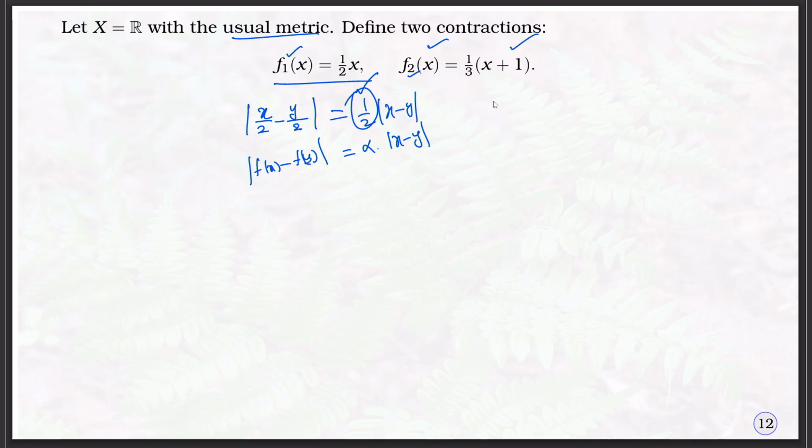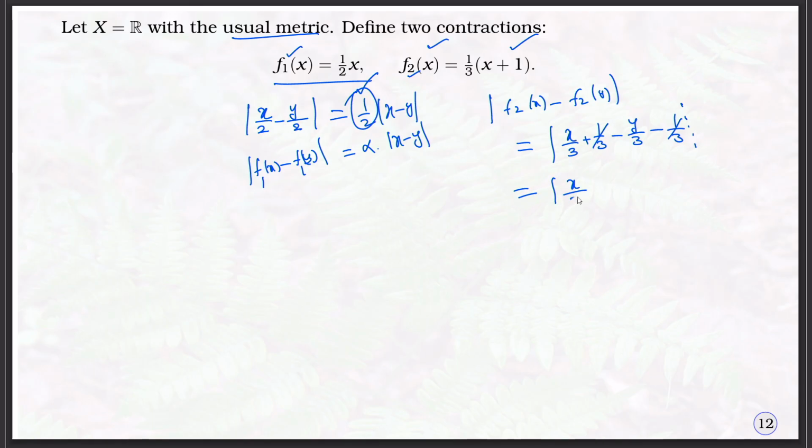Whereas if we find f2, f2 of x and f2 of y, one can obtain |x by 3 plus 1 by 3 minus y by 3 minus 1 by 3|. So, this term will get cancelled, then one can get modulus of x over 3 minus y over 3, which is equal to 1 by 3 of |x minus y|.